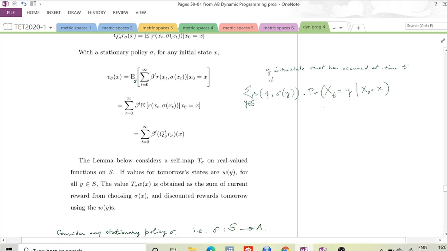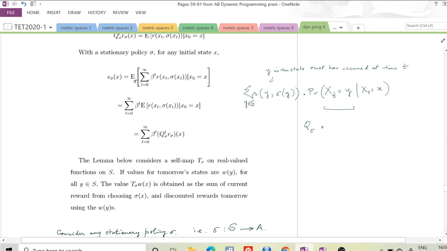So from here you can recognize that this is something that we can get from the theory of Markov chains, right? So we are using a slightly different notation here to say that Q sigma is this matrix here.